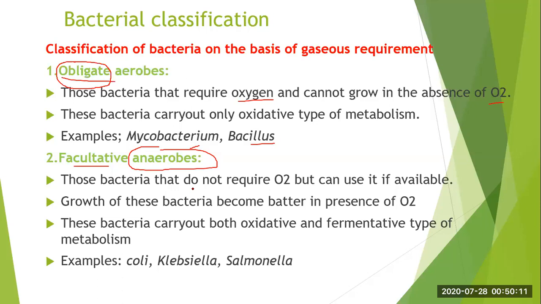It can grow both in the presence and absence of oxygen. Normally it does not use oxygen, but if it is present in the environment, it can use it. Their metabolism type is mostly oxidative and fermentative. Examples are E. coli or Salmonella.